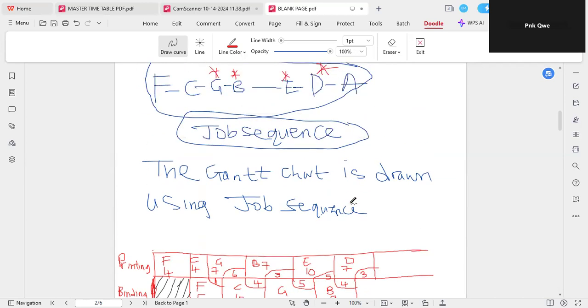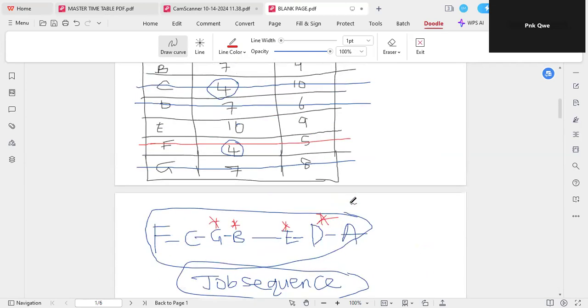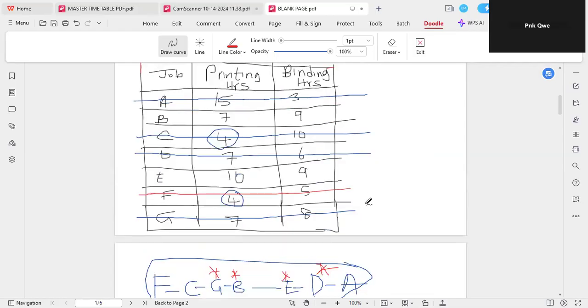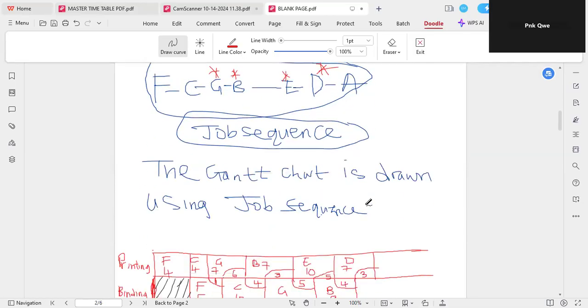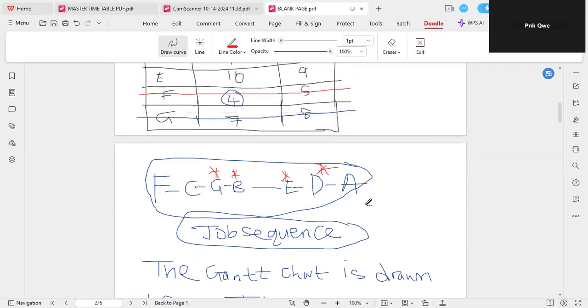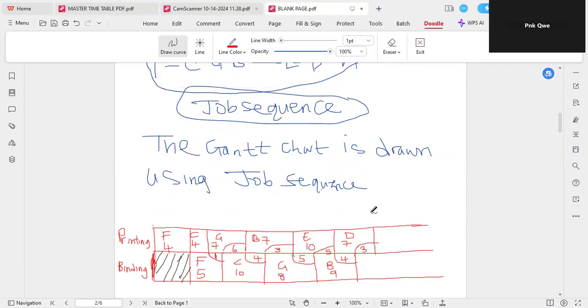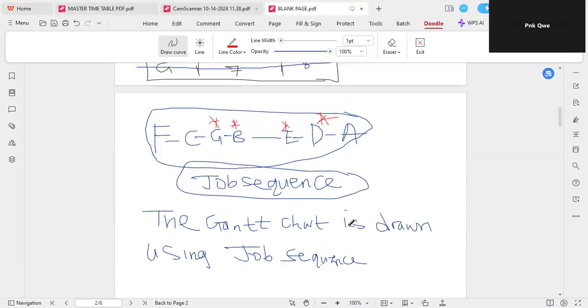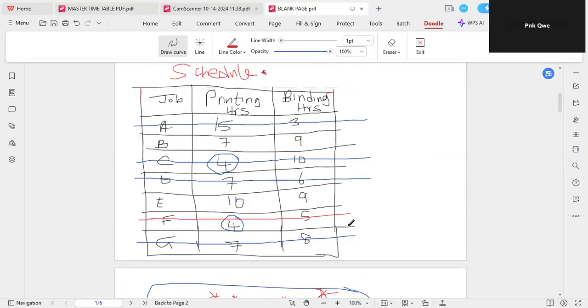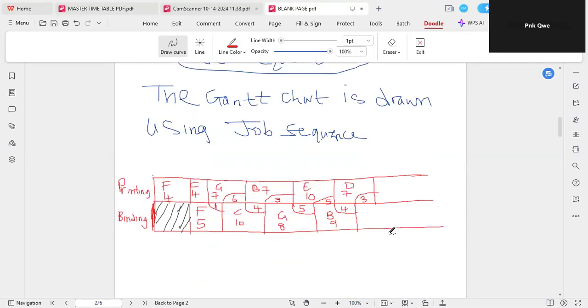E is taking 9 hours to bind, so this would have taken 6 hours longer.